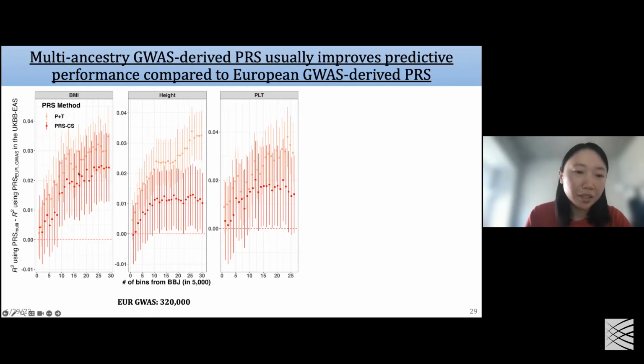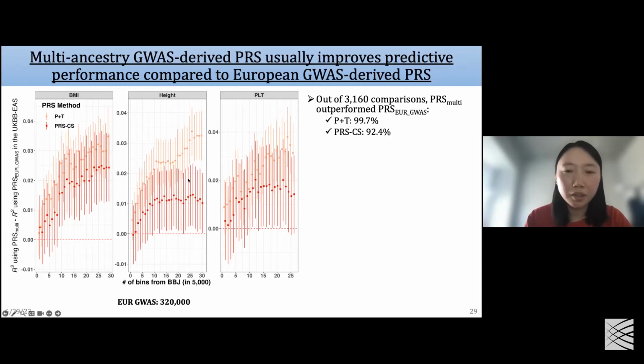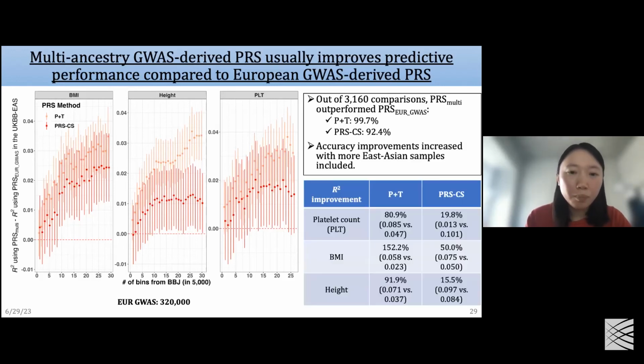In these cases, we are reporting the European GWAS with the 322,000 sample size. First of all, we compared around 3,000 comparisons. We showed that for both methods, in the majority of comparisons PRS-multi outperformed the PRS using only the large-scale European GWAS. And specifically from the figure, we can see the accuracy improvement of PRS-multi increased when the x-axis, which is the sample size from East Asian, increased.